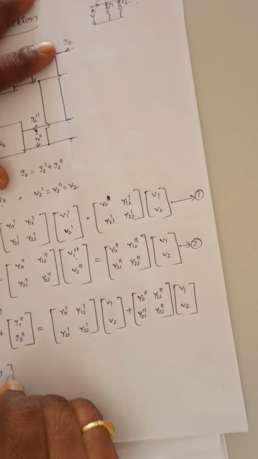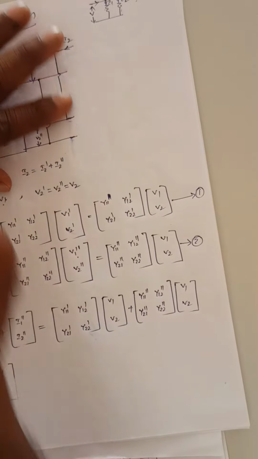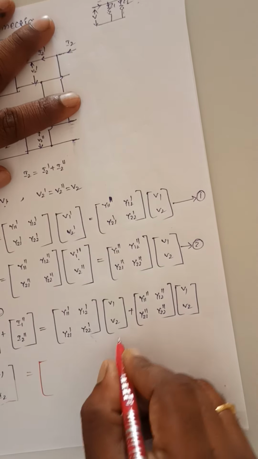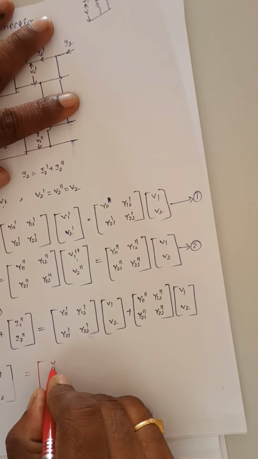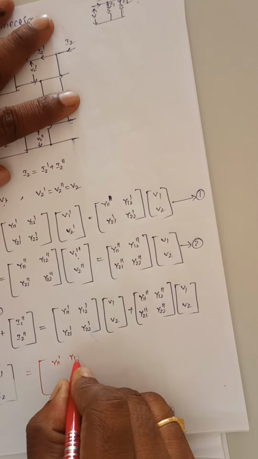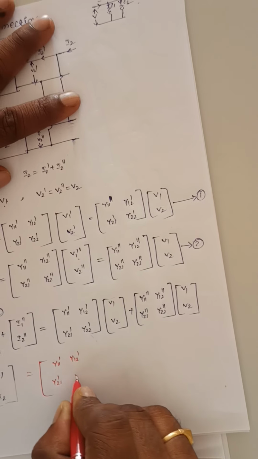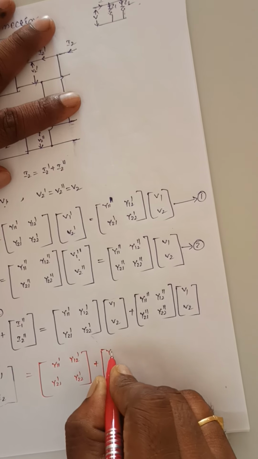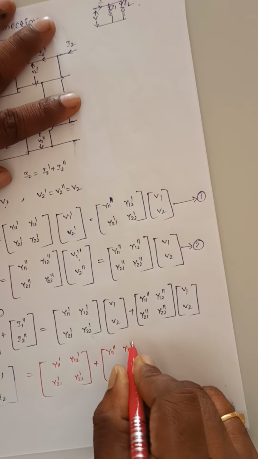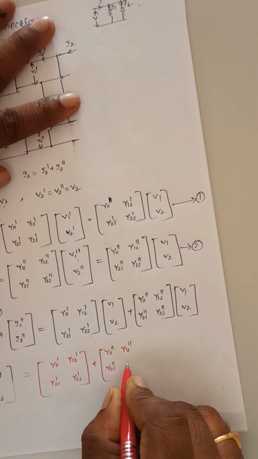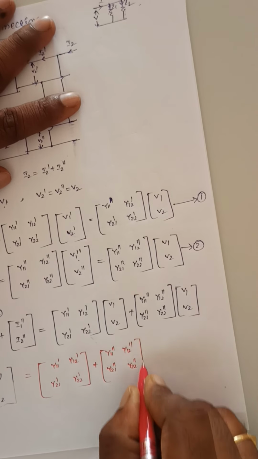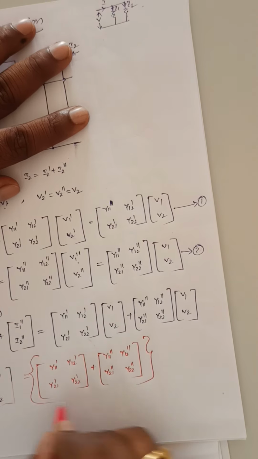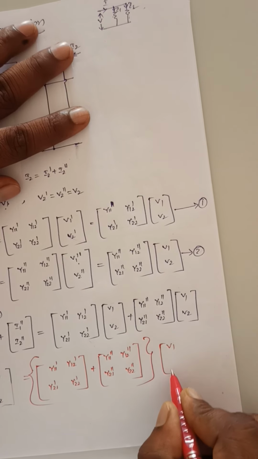It is equal to, just you take V1 V2 common here, Y11 dash, Y12 dash, Y21 dash, Y22 dash plus Y11 double dash, Y12 double dash, Y21 double dash, Y22 double dash into V1, V2.